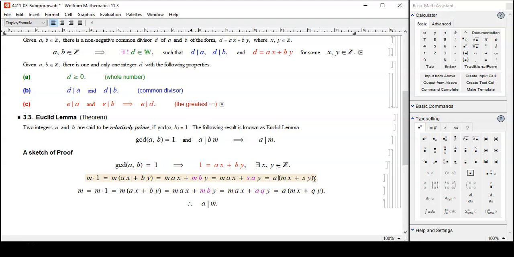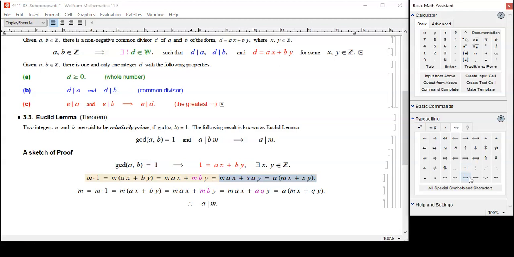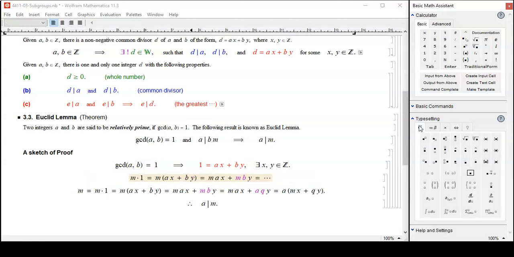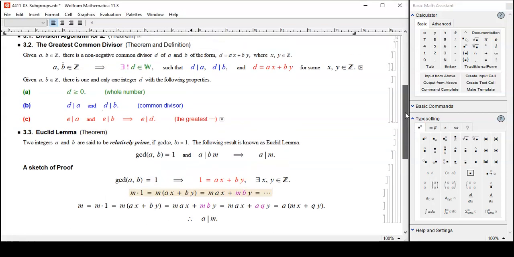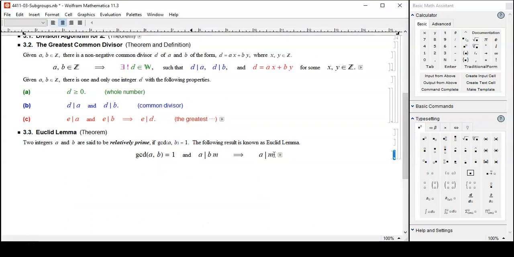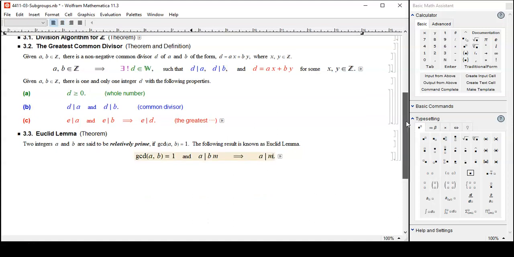Yeah, everything is here, so let's go back to where it was. That completes the proof of Euclid's lemma. And also, please remember the result.